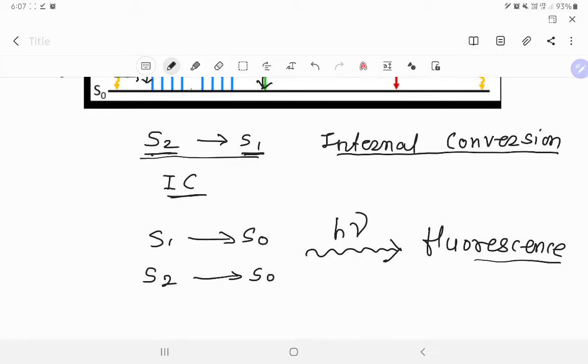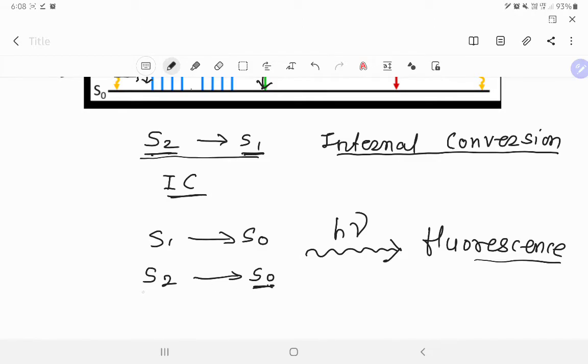What is meant by fluorescence? There is emission of radiation when a molecule comes to the ground singlet state from an excited singlet state.